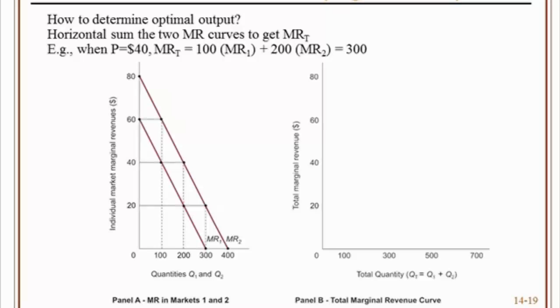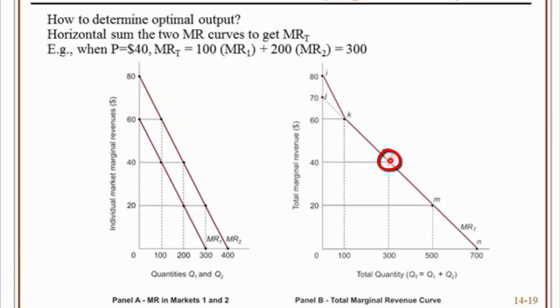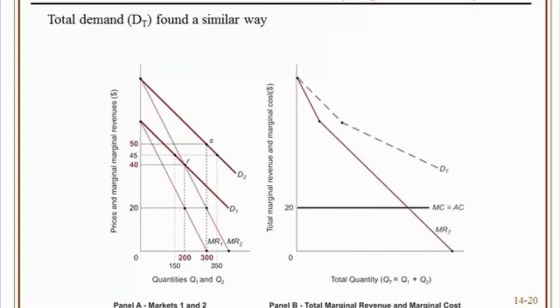And so if I'm going to make this total marginal revenue curve, then at a $40 price, I should associate that with 300 units. And so you can see that as point L over in my picture here. And so the outline of this shape, this total marginal revenue curve, is just the horizontal summation of these two curves together. You can do the same sort of thing with the demand curve.